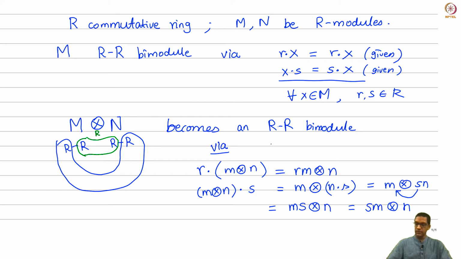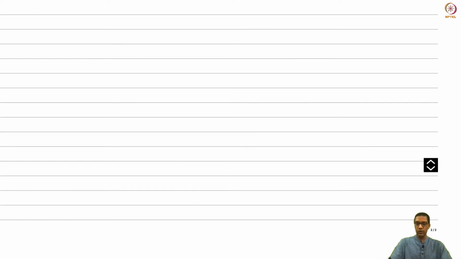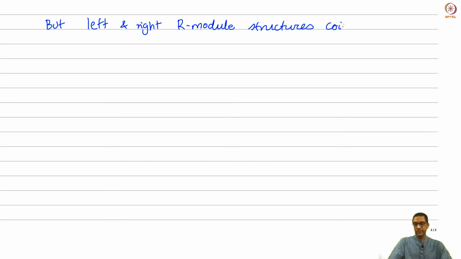So even though we say it's an RR bimodule, in some sense these two structures coincide. It becomes an RR bimodule, but the left and right R module structures coincide. That's what we have seen above.